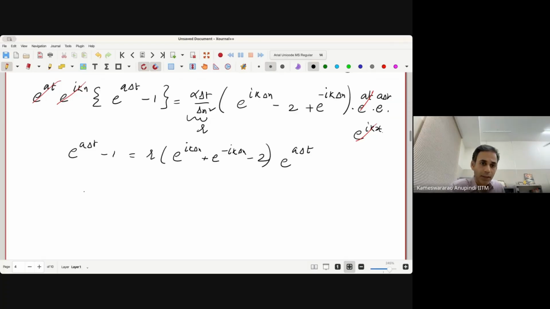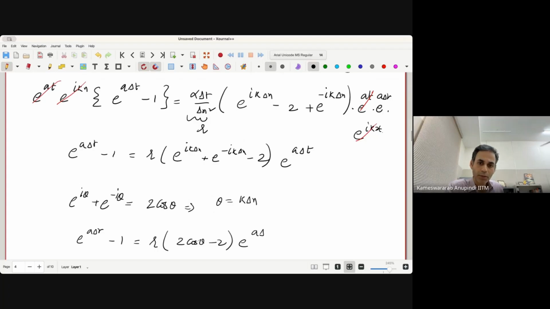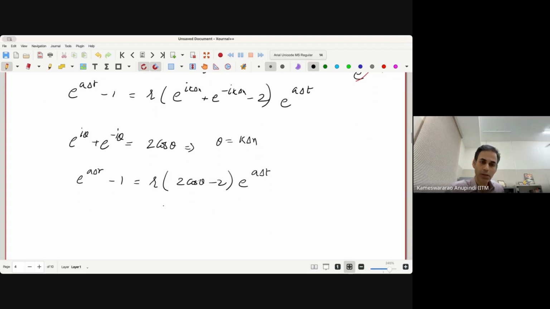We have seen earlier that e to the power i theta plus e to the power minus i theta is nothing but 2 times cosine theta. If we consider theta equals k delta x, we can write this as e to the power a delta t minus 1 equals r times 2 cosine theta minus 2 times e to the power a delta t, okay?